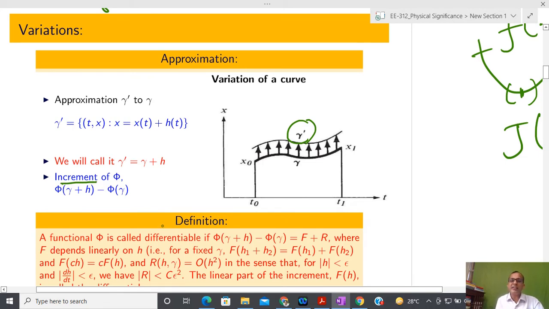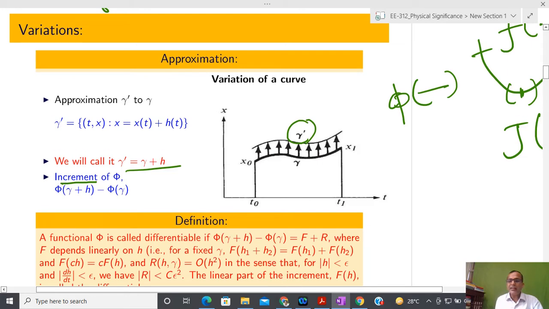How do we define the increment? I know the function gamma, and I know the function gamma plus h. I am going to put that function inside the functional argument, because whenever we talk about a functional, its argument is a function. I know one function, gamma, and I have defined gamma dash, which is gamma plus h, and I am going to keep that inside.